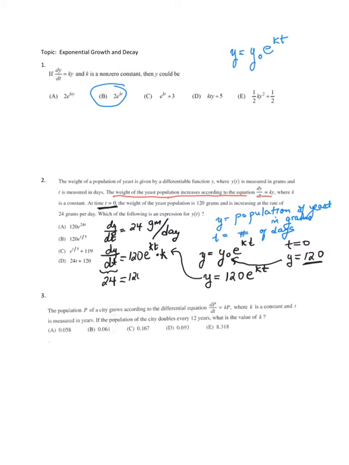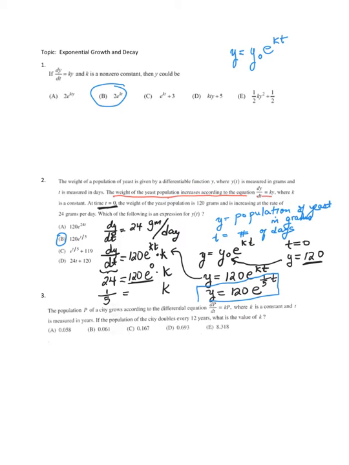So we have 120 e to the k times 0, which is 0, times k. So if we divide each side by 120, and this is equal to 120 because e to the 0 is 1, we get k is 1/5. So our equation becomes y equals 120 e to the 1/5 times t. And that's the solution we're looking for. And I believe it is choice B.